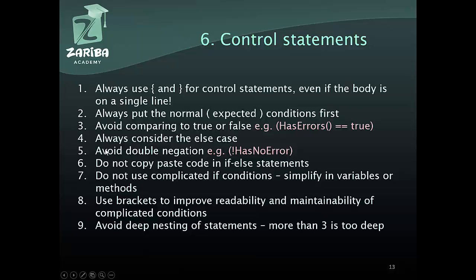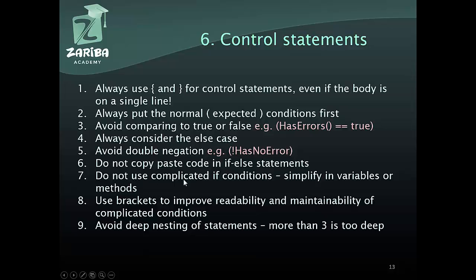Okay, avoid double negation, so not hasNoErrors. Do not copy paste code in if else statement. So if you copy paste some operation in an if else statement, then you could extract it and put it just after the blocks, and you can just put it once there. You see an example of what I'm talking about.